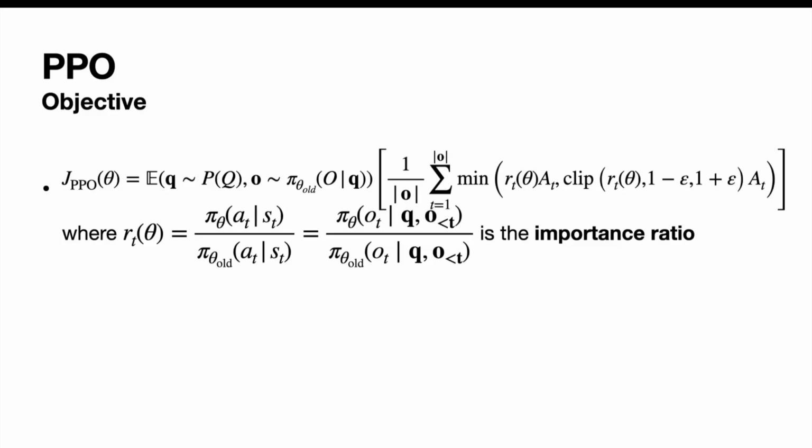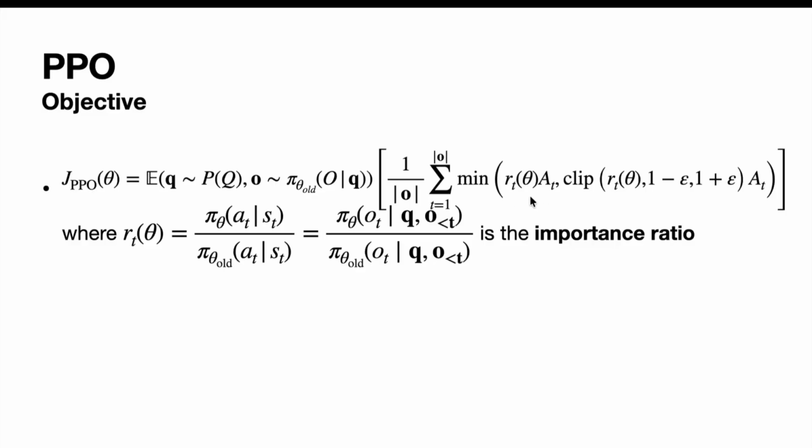In this objective, we sample a prompt Q from the prompt dataset, and then sample an answer O from the old policy, pi theta old. For each generated token, we compute two surrogates, an unclipped one and a clipped one.